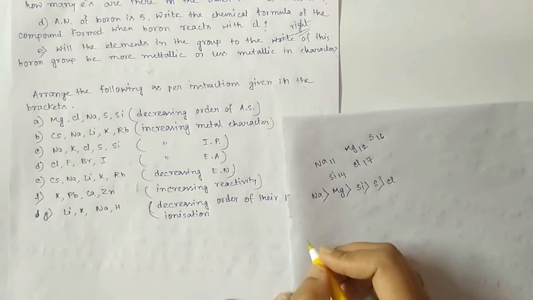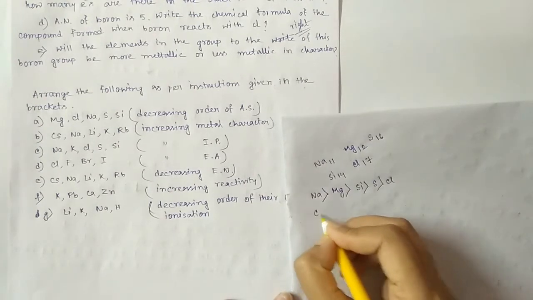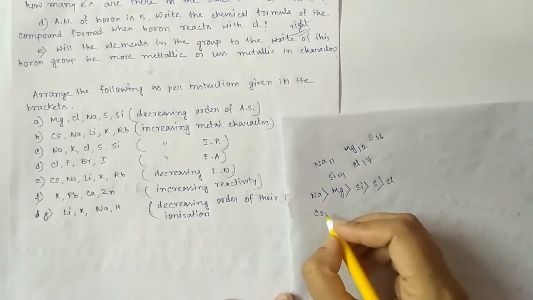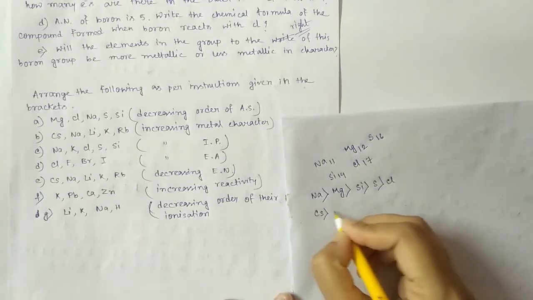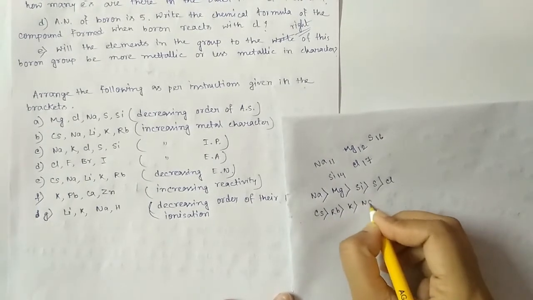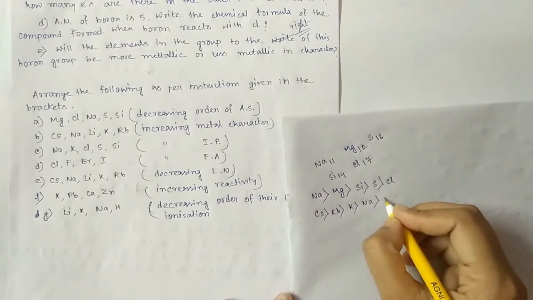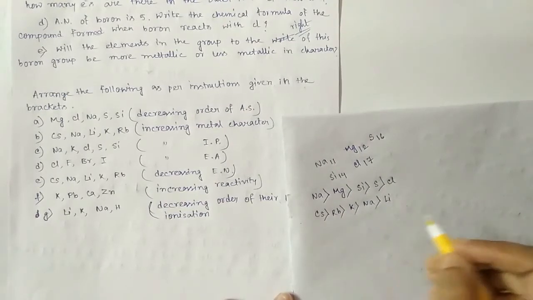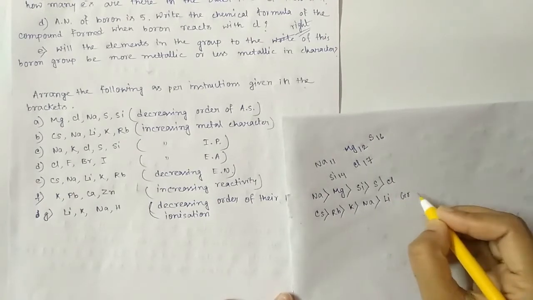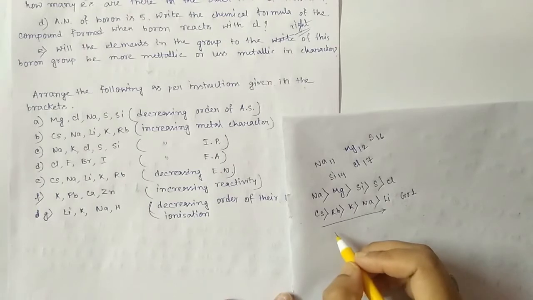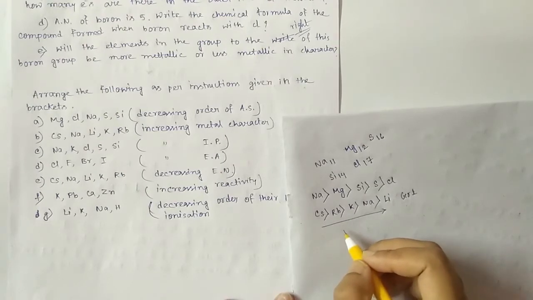So here the order will be cesium, because it is the bottommost element of group 1, and then come rubidium, potassium, sodium, and lithium. All these elements are from group 1, and this is the decreasing order of metallic character.